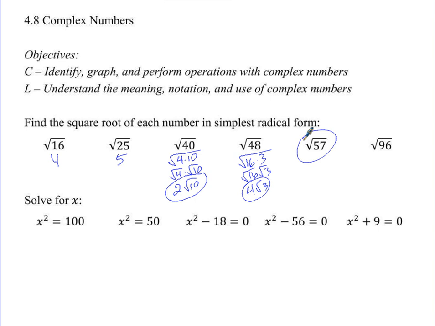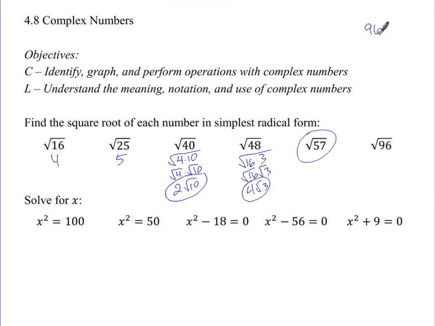How about the square root of 96? First of all, is 96 a perfect square? No, it's not. 100 is, 81 is, but not 96. Does it simplify? What's the biggest perfect square that goes into 96? 16 times what? 16 times 6 is 96? I don't know. If you don't know, then you can do this.